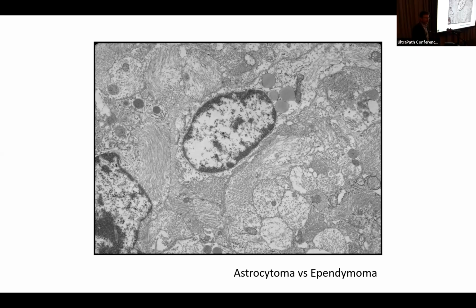I think they've come up with some new stains that make it a little bit easier for a neuropathologist, but oftentimes we can get things pointed in the right direction while they're waiting for some of the other special stains to come back. Because their ultrastructural features also overlap, what we do is try to demonstrate features of the ependymoma that we don't typically see in an astrocytoma.